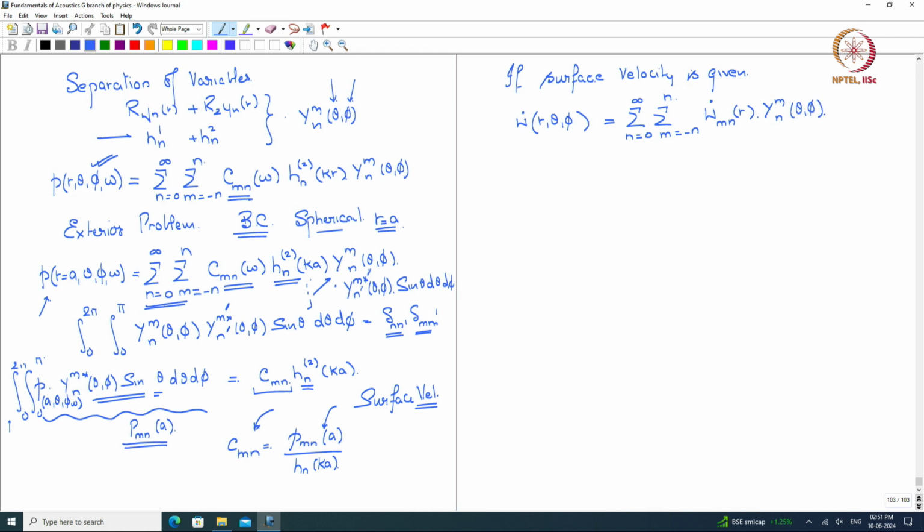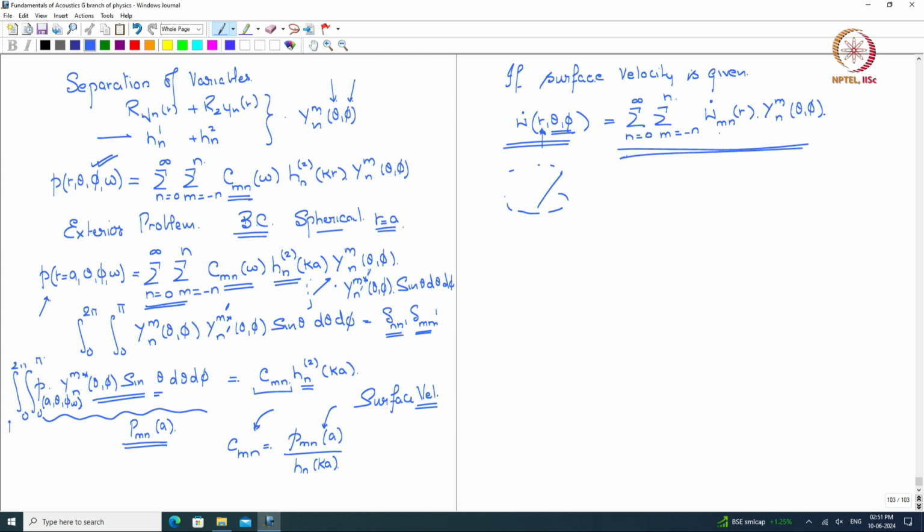Okay, this is the velocity profile at r as a function of theta phi. At a certain radius r as a function of theta and phi, this is the profile, and that can be expanded in this form.